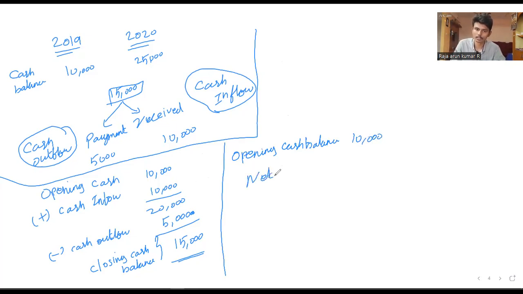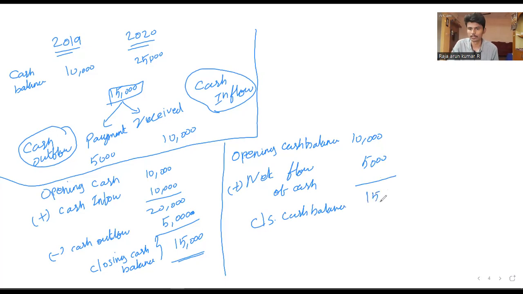Net flow of cash is 5,000. You can add it because it is plus. We get closing cash balance 15,000. This is the shortest way we can do.